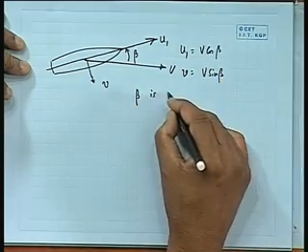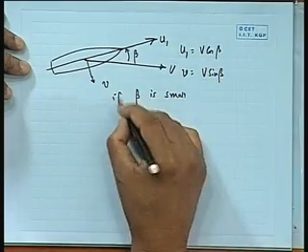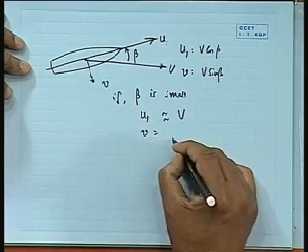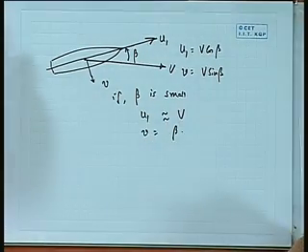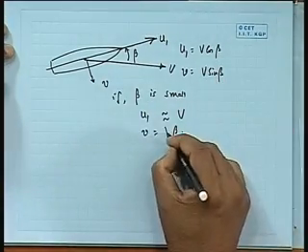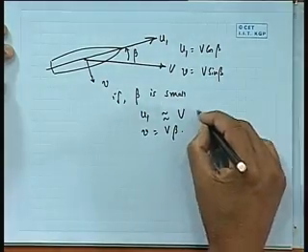Beta is small, U1 equal to V, and V equal to V beta.